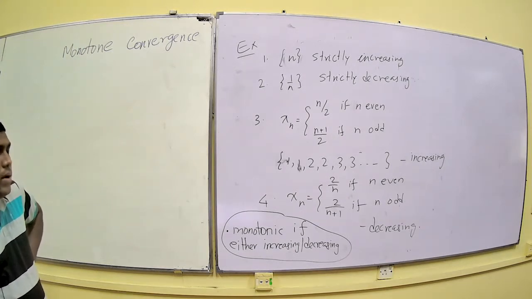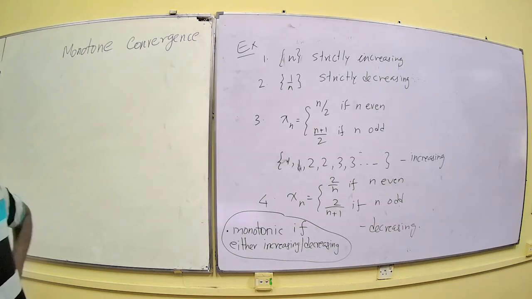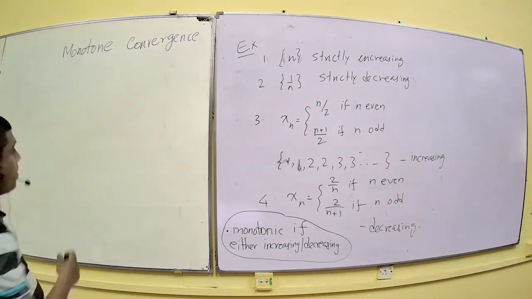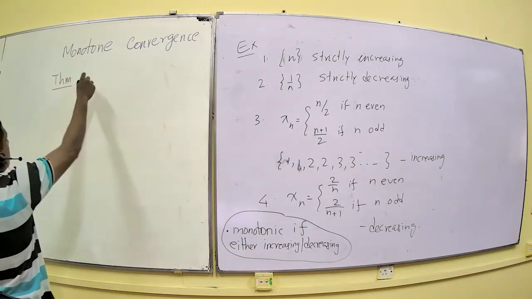This theorem is very simple, it's simple to state, right? It says every monotone sequence that is bounded is convergent, right? So let me write down for an increasing sequence first.